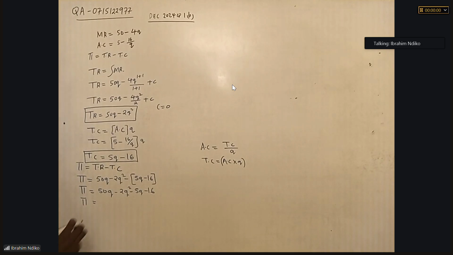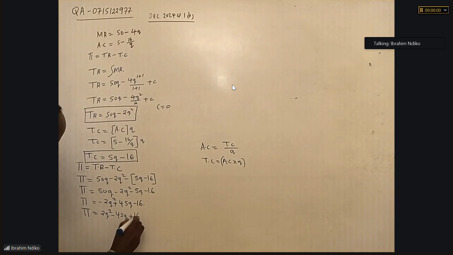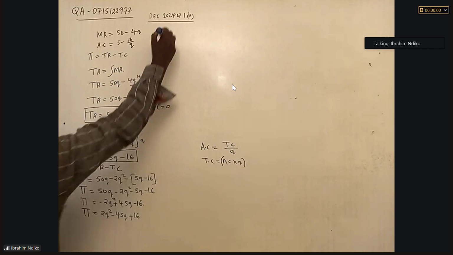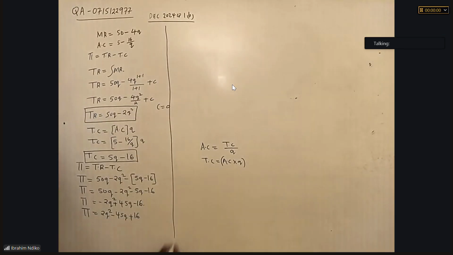We put the like terms together: minus 2Q squared plus 45Q plus 16. To eliminate the negative, we multiply inside by negative. That is our profit.